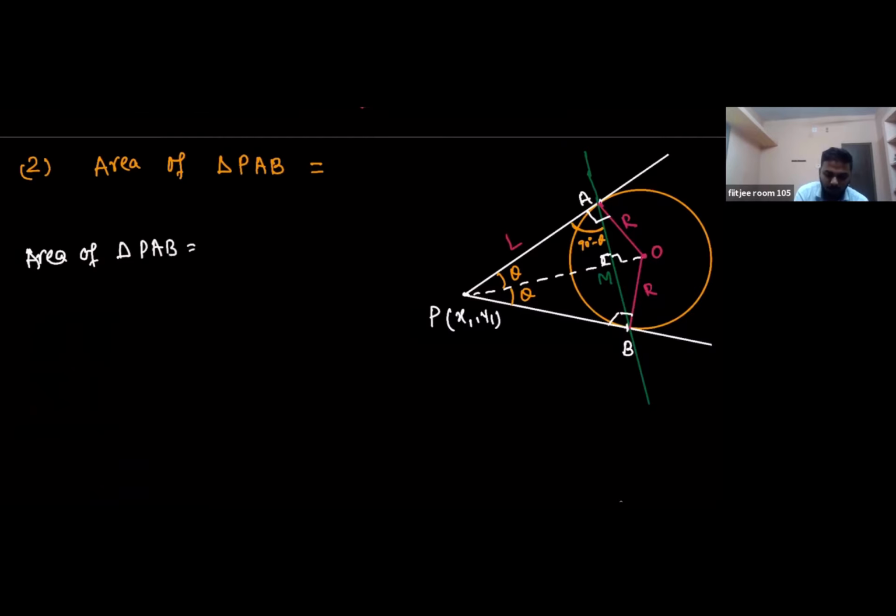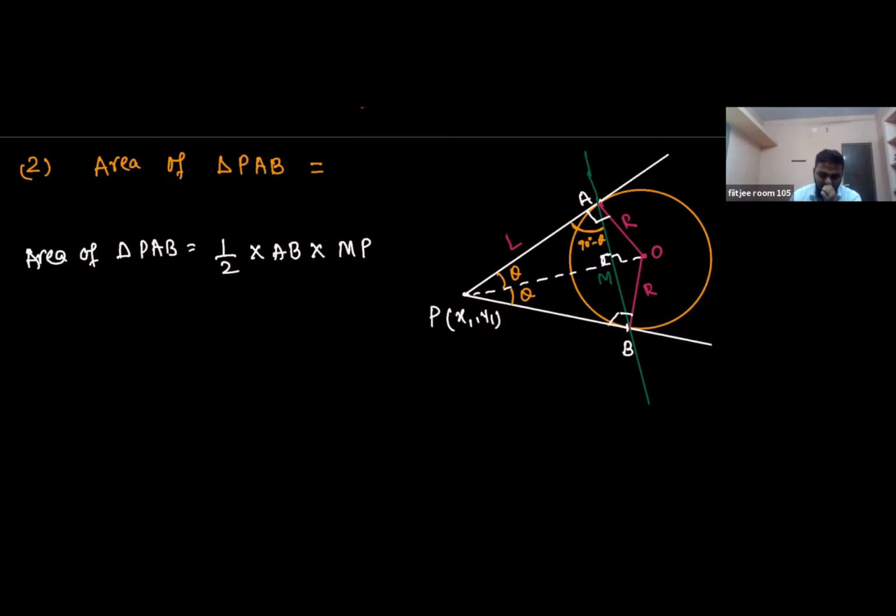It should be equal to half into base. I am taking AB as the base, and height I am taking MP, sorry, not MB. So half into AB into MP. This is the area of the triangle.